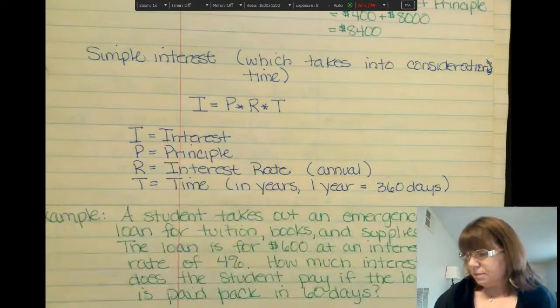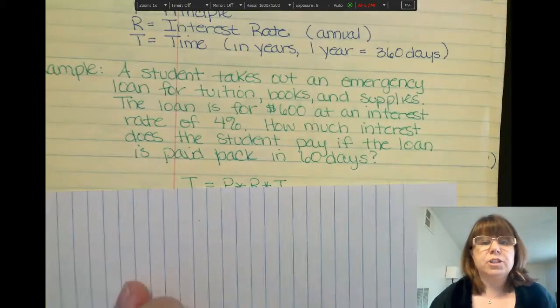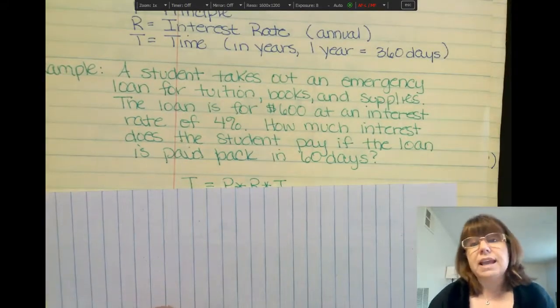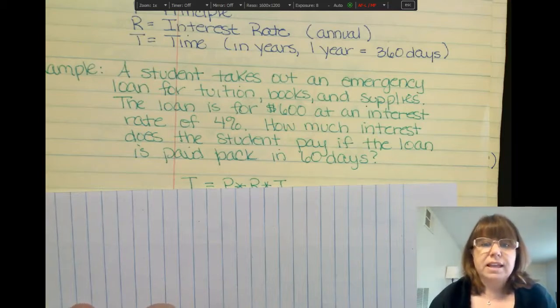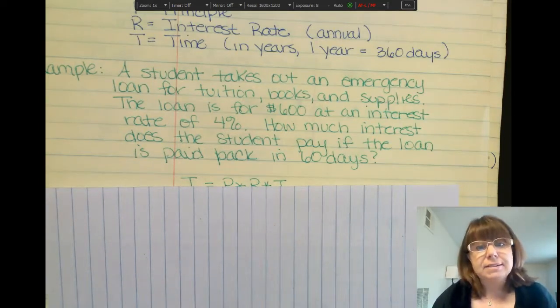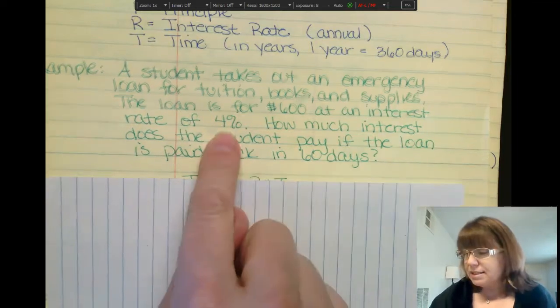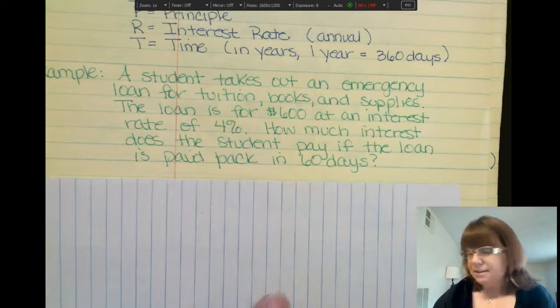So let's try an example. Let's say a student takes out an emergency loan for tuition, books, and supplies. The loan is for $600 at an interest rate of 4%. How much interest does the student pay if the loan is paid back in 60 days? Now, the rate is an annual interest rate, but we're going to pay it back in 60 days.